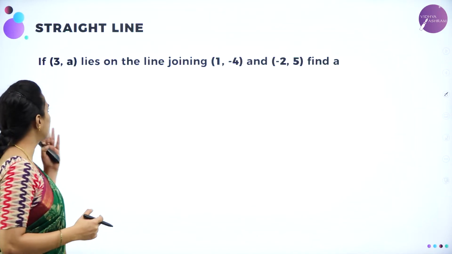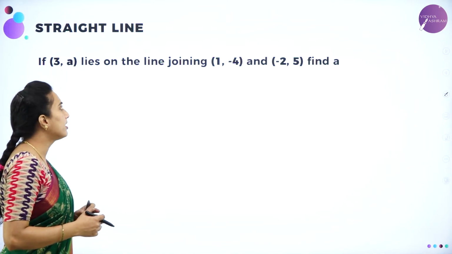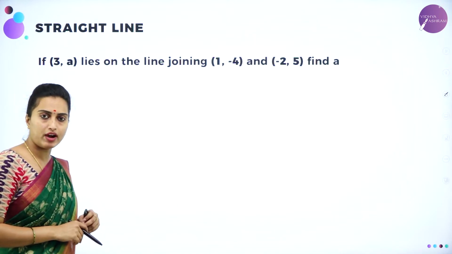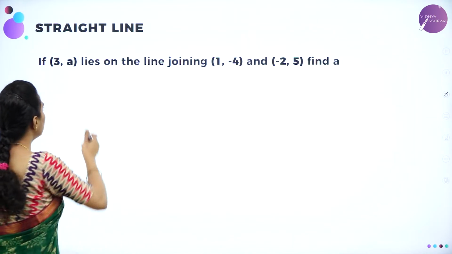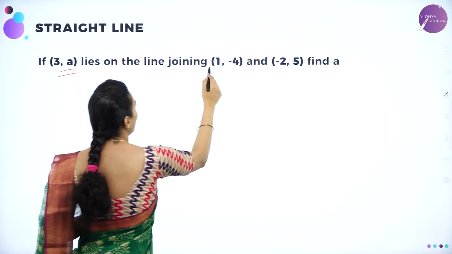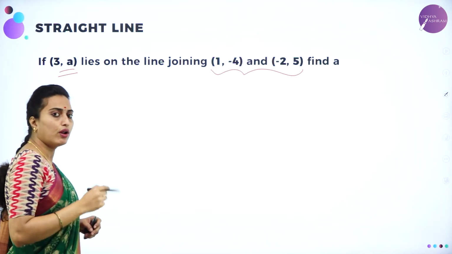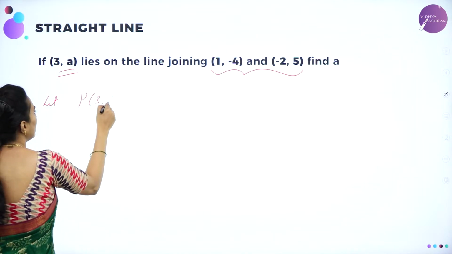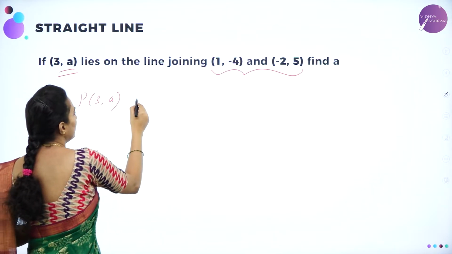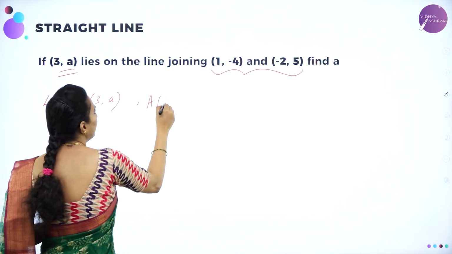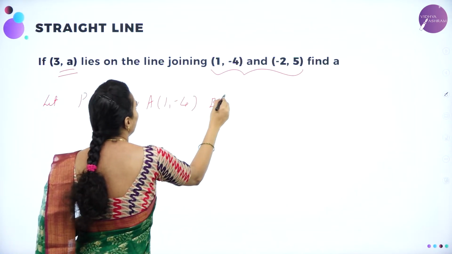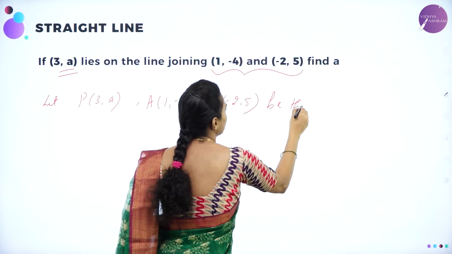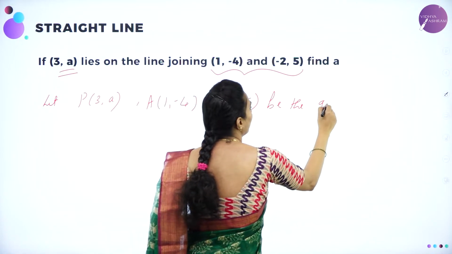The next question, dears: if (3, A) lies on the line joining (1, minus 4) and (minus 2, 5), find A. So this point is on the line joining these 2 points. Therefore, I am considering P of (3, A), A of (1, minus 4), and B of (minus 2, 5) as the given points.